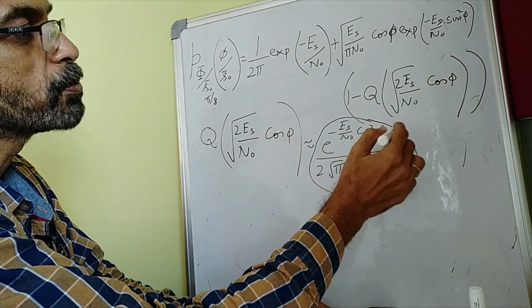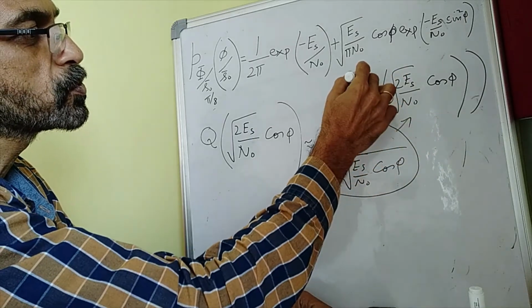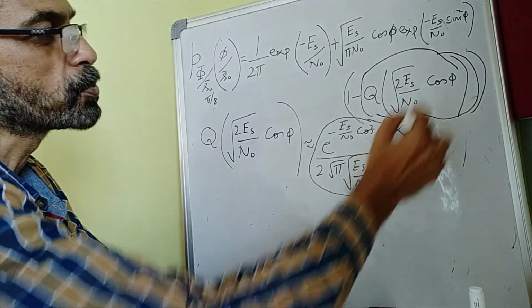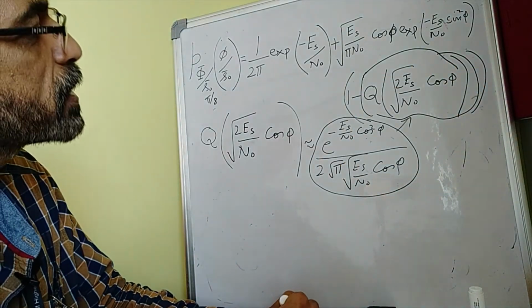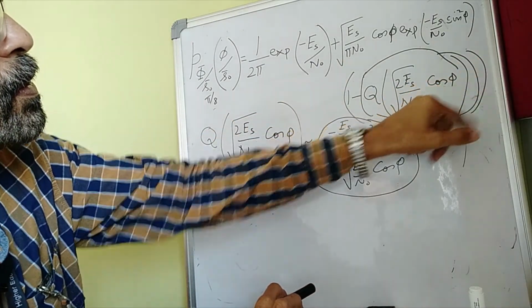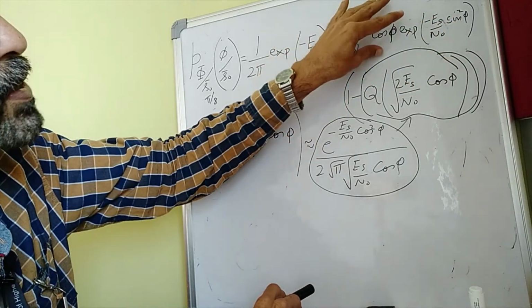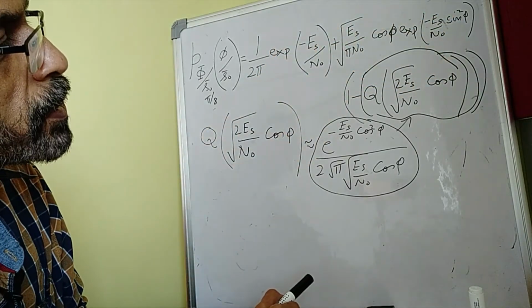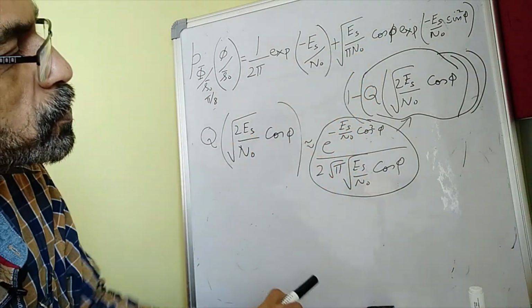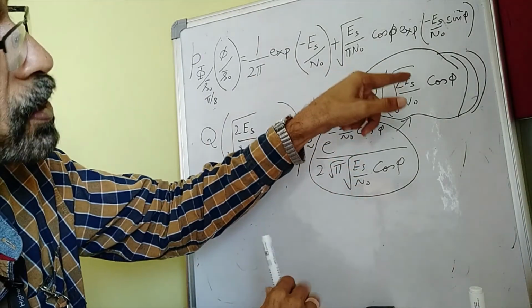It's an approximation, remember, you substitute for this Q, and we straight away see that when you expand this bracket, this into 1 will remain as this itself, and in place of Q we have this, and this into this, if you see, cos phi will get cancelled because this comes in the numerator, denominator here.